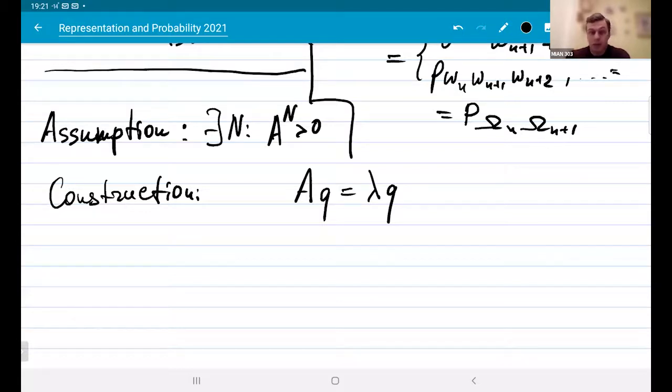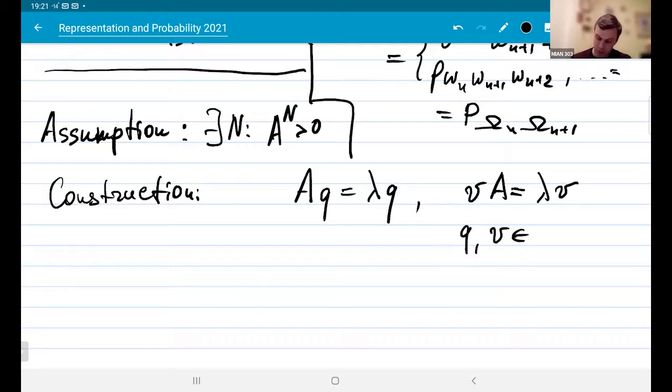Also, we can apply the same for the transposed matrix. So q and v belong to R plus to the dimension d, where d is the number of our states.